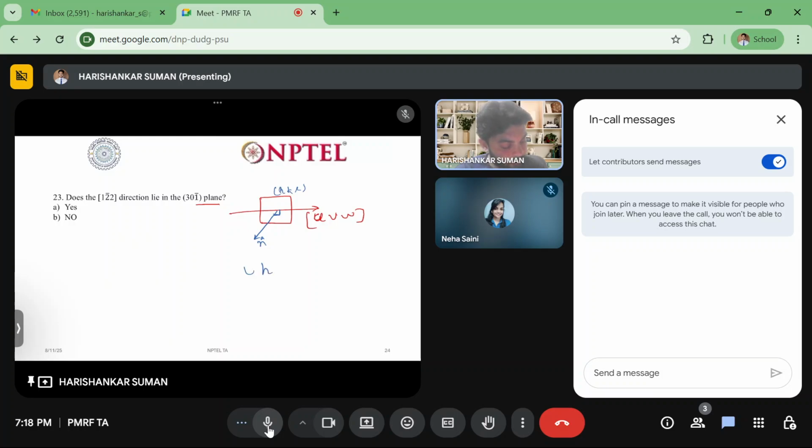So the dot product will be 0. So please try this equation, solve it, and give me the answer yes or no. Yes, please check yourself. You can take 2 minutes for this calculation.